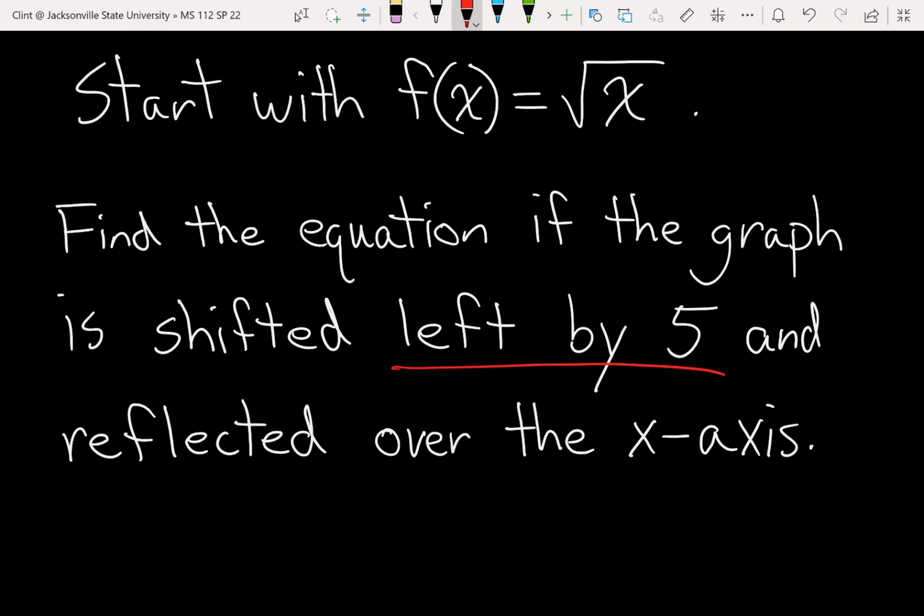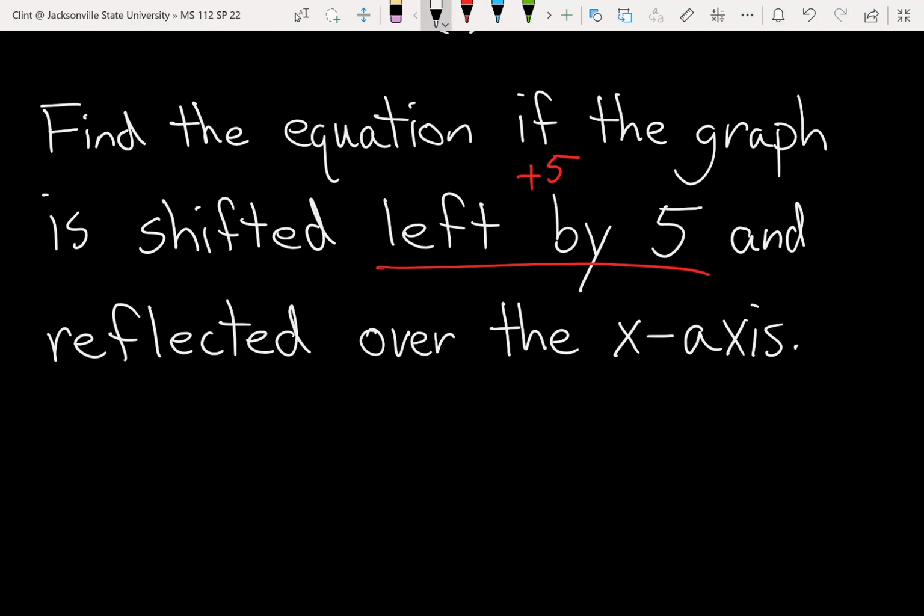That's horizontal. So we kind of have to think about that one backward. The left 5 units means we're gonna do a +5. And where's the +5 gonna go? Is it gonna go on the outside or is it gonna go underneath the radical? It's gonna go underneath it, that's right. So we'll have square root of x plus 5.